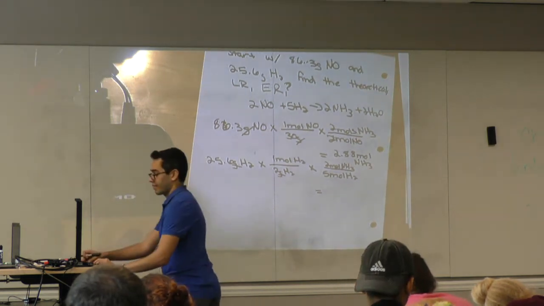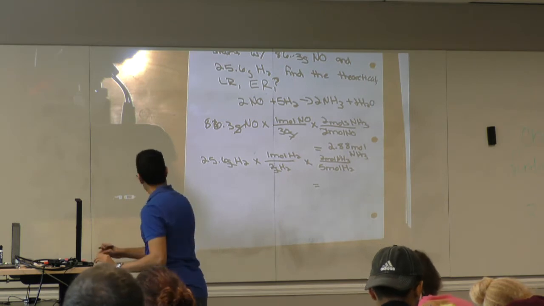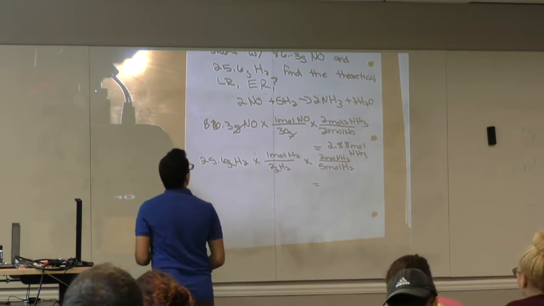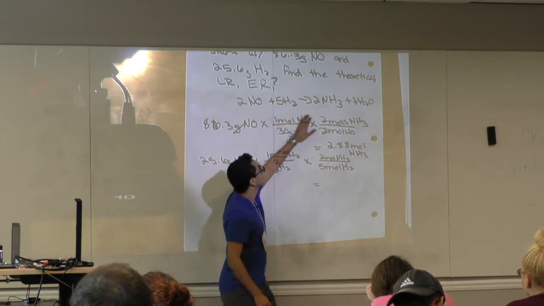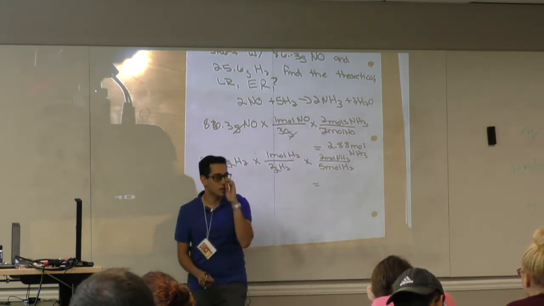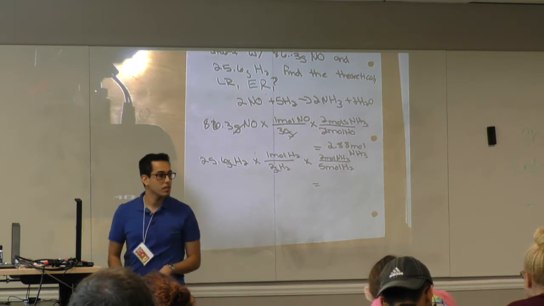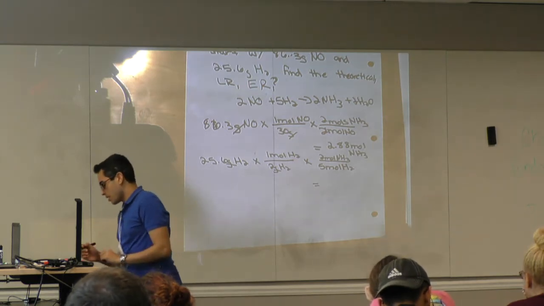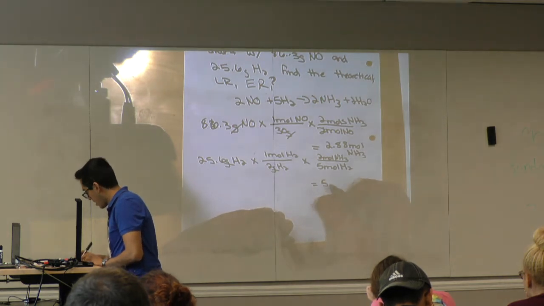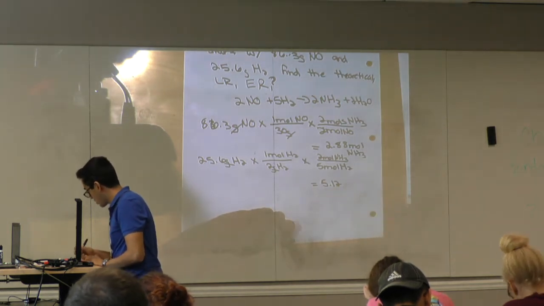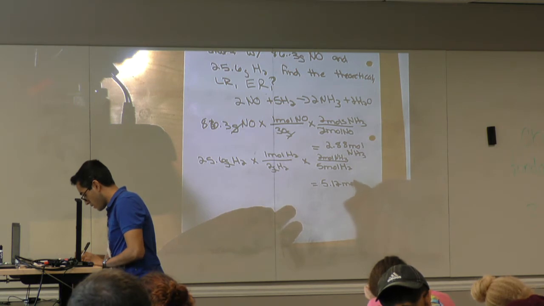Again, we're doing that because the balanced equation tells us 5 creates 2. So that's how we create the mole ratio. When you multiply that out, that will come out to 5.12 moles of NH3.